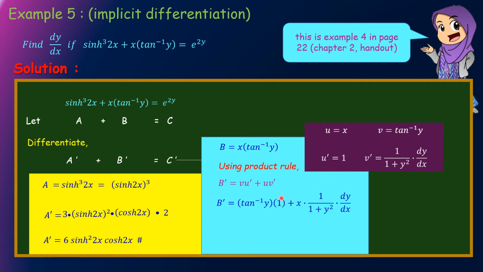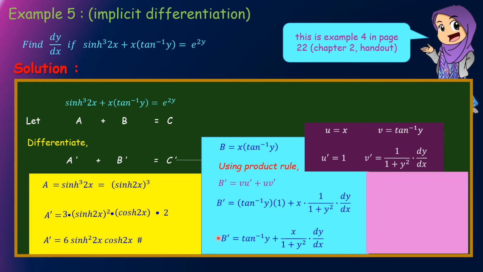Then plus, we substitute u, our u is x, and v prime, our v prime is 1 over 1 plus y squared dy over dx. Then we simplify. Inverse tangent y times 1, so we still have inverse tangent y. Plus x, we can put in the numerator, so we have x over 1 plus y squared dy over dx. This is for b prime.